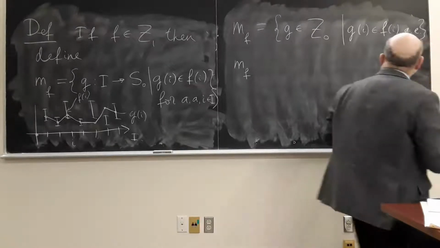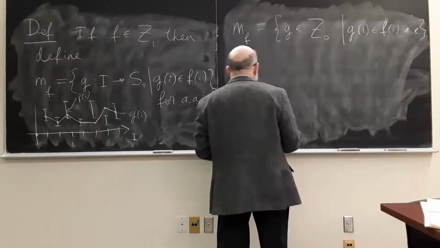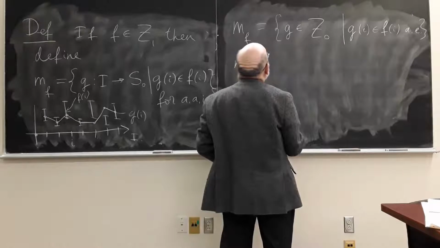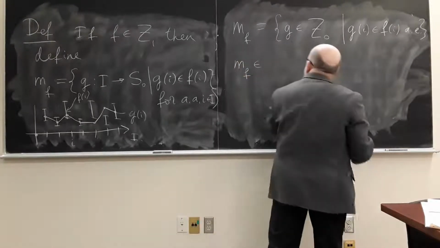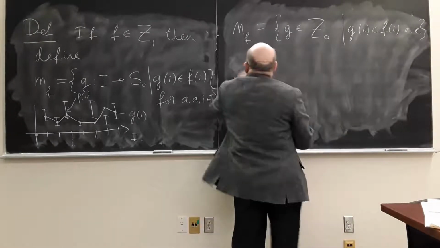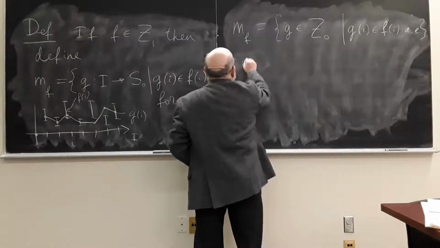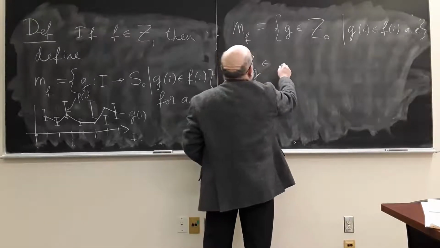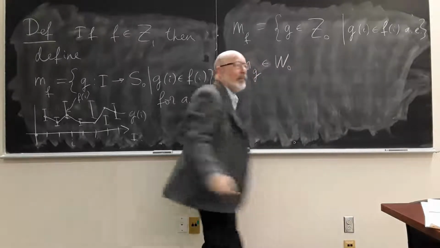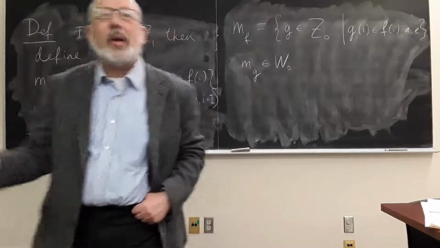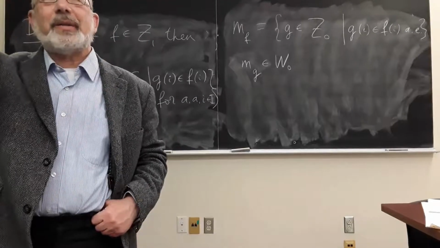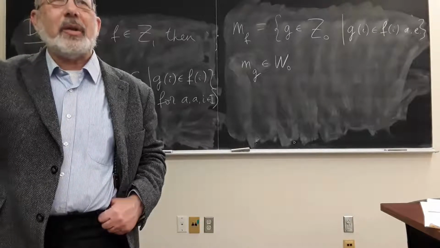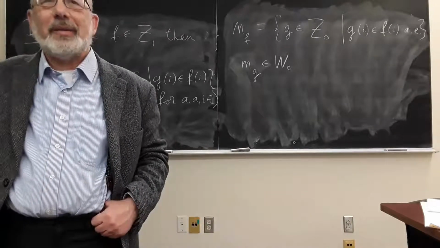So this means that M_g belongs to W0, where M_g is the equivalence class of g, and W0 is the set of these equivalence classes.